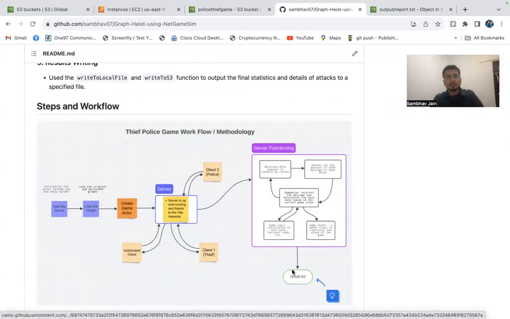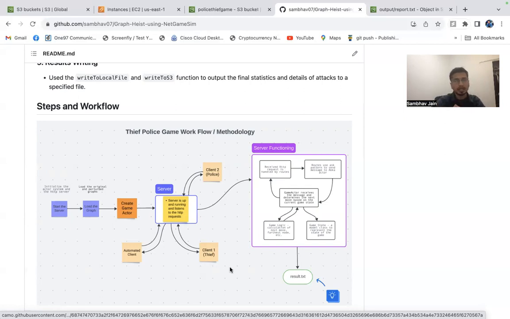Let's move on to the steps and workflow. This will help us understand and lay the foundation of understanding the game, how exactly the game is being built, what is the design of the game. So we have the server here. Initially, we initialize the actor system, and we load the graphs, the perturbed and the original graphs that have been provided to us through NetGraphSim.